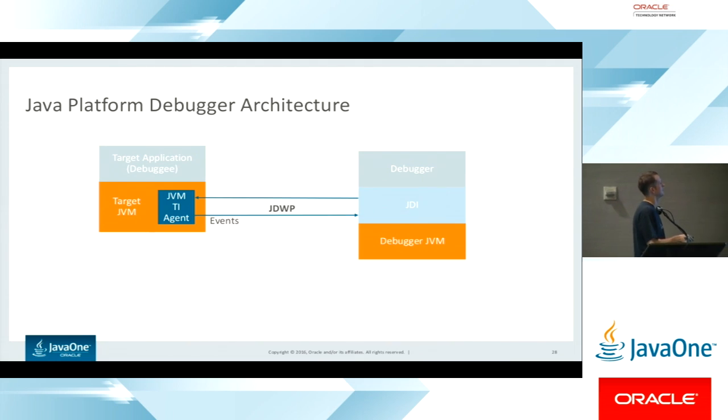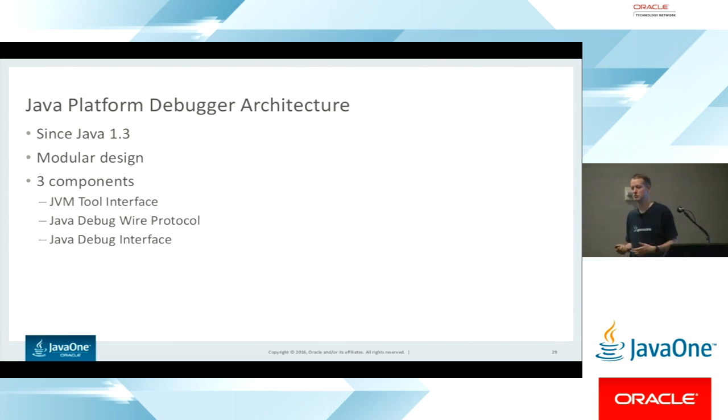But there's this in-process API that allows us to plug anything into it and get all sorts of nitty-gritty, low-level information. But we also have an implementation of a particular agent that speaks what is referred to as the Java Debug Wire Protocol, which is really just a serialization of debugging commands and events that are sent back and forth between the debugging application, running as a separate process, and the target JVM.